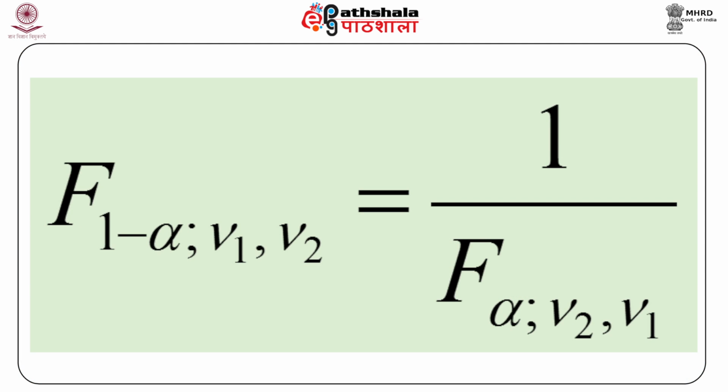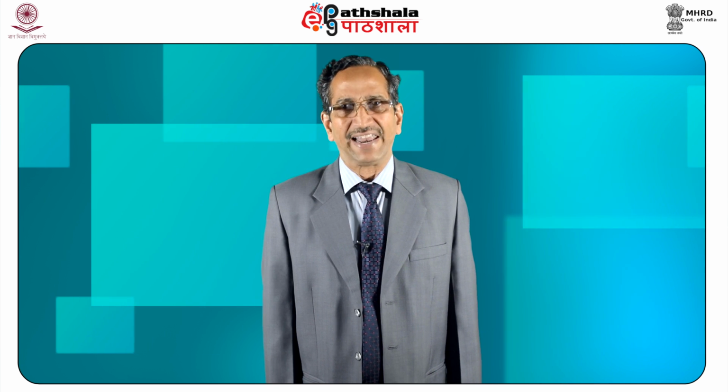That property is that F(1 minus alpha; nu1, nu2) is equal to 1 upon F(alpha; nu2, nu1), where the denominator on the right hand side can be found in the tables for given alpha values. The numerator degrees of freedom are nu2 and denominator degrees of freedom are nu1 on the right hand side of this expression.